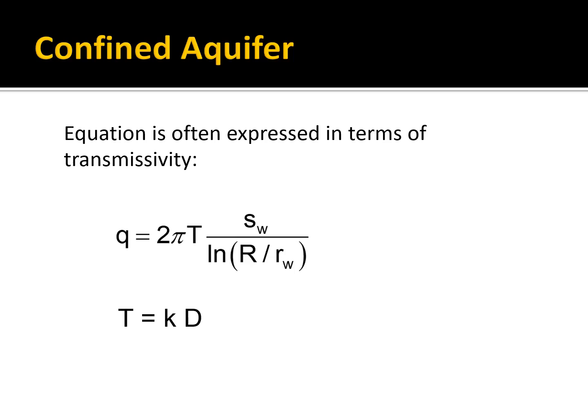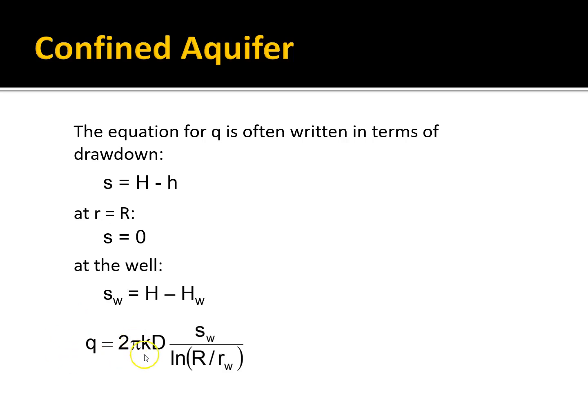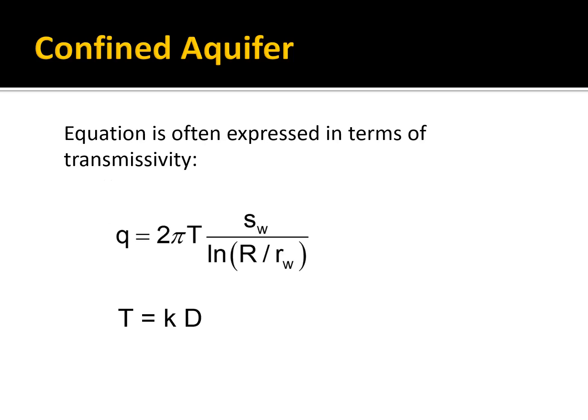This is often expressed in terms of something we call transmissivity, T. This term here is the hydraulic conductivity times the thickness of the aquifer. When we're dealing with confined aquifers, we often talk in terms of transmissivity T, which is just a combination of the thickness of the aquifer and the hydraulic conductivity.